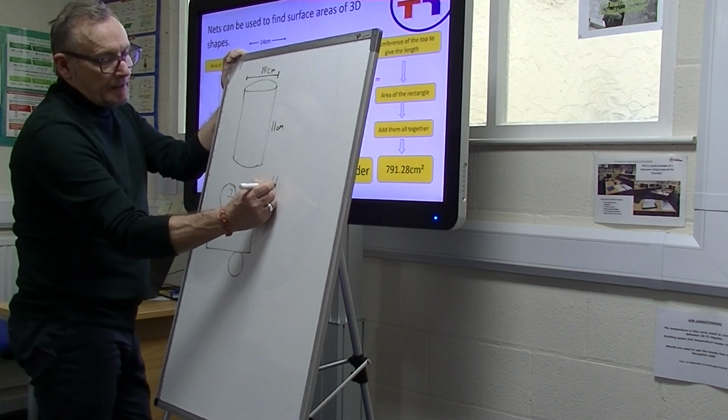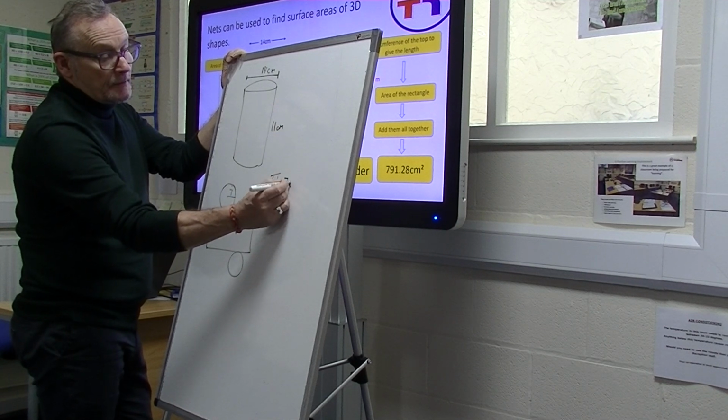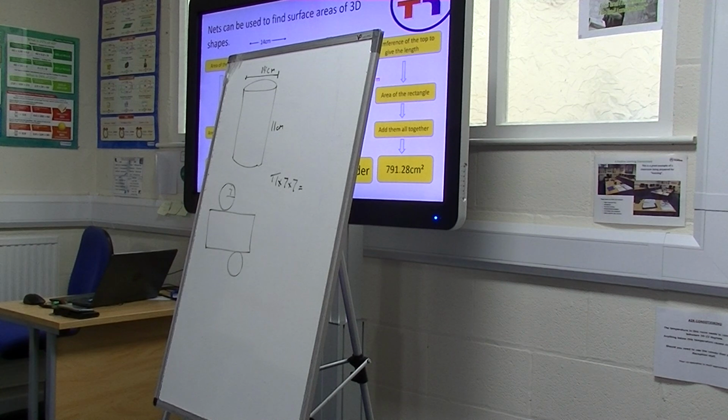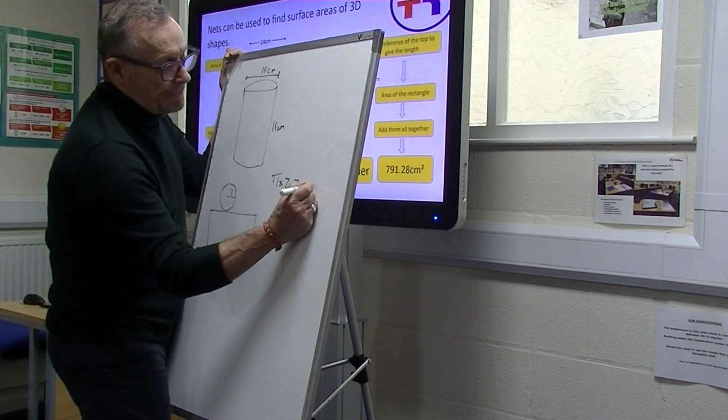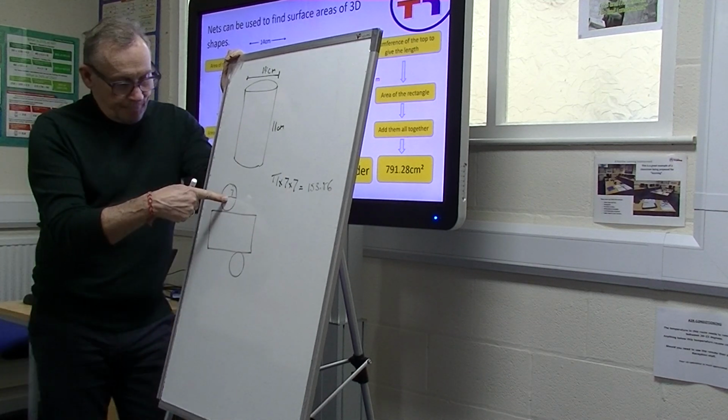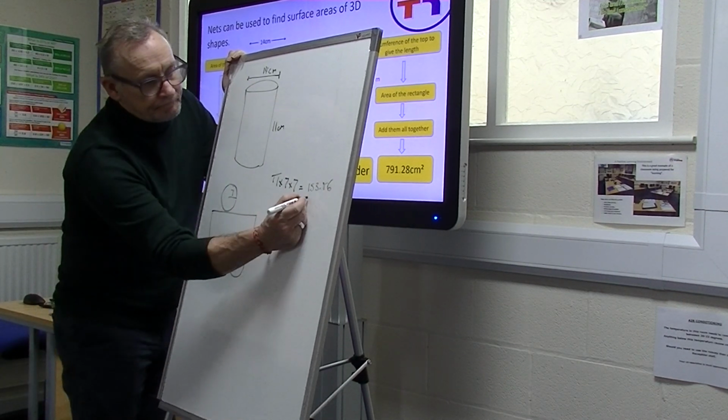So we do pi times 7 times 7. We know what pi is, 3.14. Let's get the calculator. 3.14 times 7 times 7 is 153.86. That's the same for the bottom.